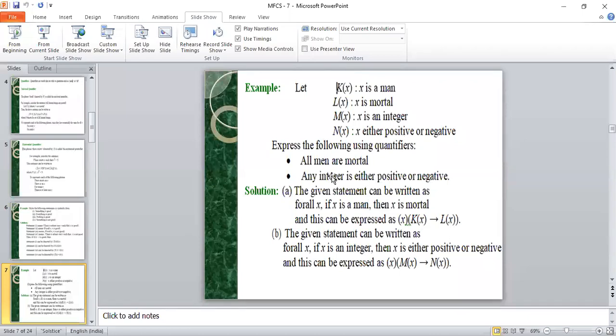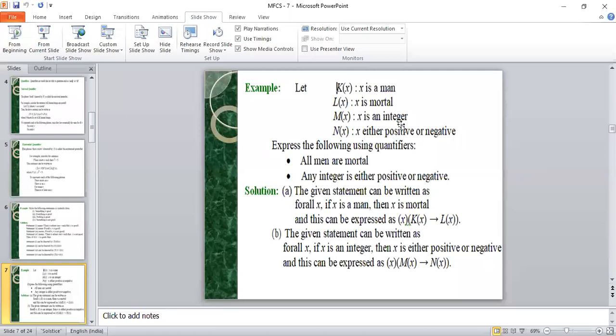Second statement ఏమి ఇచ్చారు? Any integer is either positive or negative. ఎనీ అంటున్నాడు. ఓకేనా? So the given statement can be written as for all x, if x is an integer, then x is either positive or negative. And this can be expressed as for all x, M of x refers to x is an integer, then x is either positive or negative.